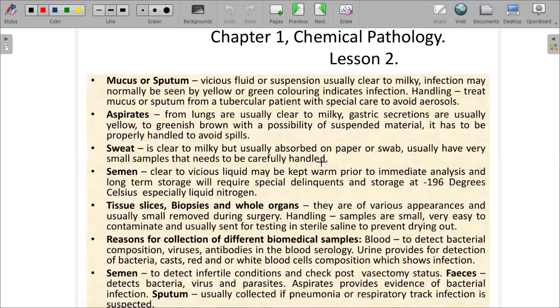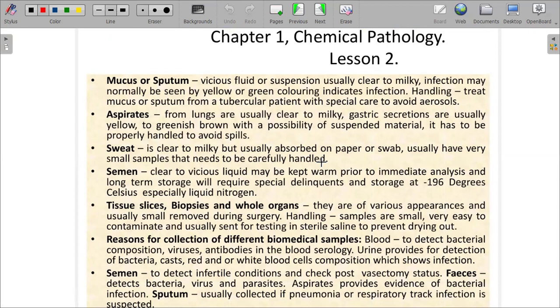Infection may normally be seen by yellow or green coloring, which is to say that when it is yellow or green, it can indicate that there is infection or the person is not fine. And if the person is fine, it is usually clear to milky in color.